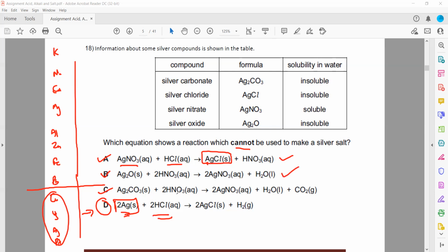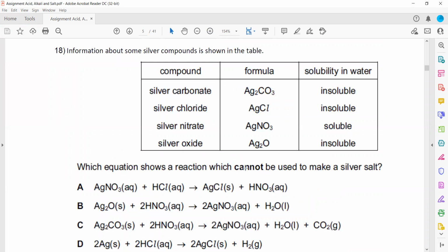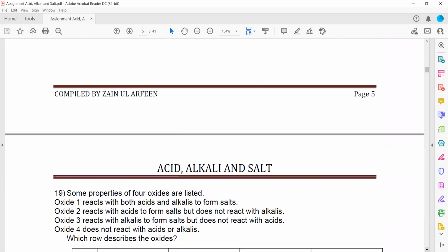Metal carbonate reacting with nitric acid gives salt, water and carbon dioxide, that can be done. Metal reacting with acid gives salt and hydrogen, that is true. But that is not true for the elements below lead, because they are not able to react with acid. As they are not able to react with acid, we don't observe any reaction, so we cannot prepare a salt by the fourth technique.